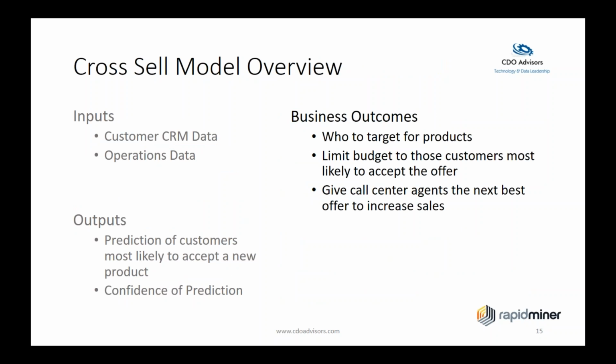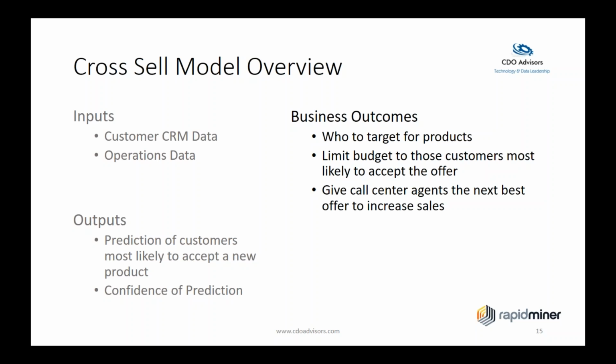Our inputs in this case would be customer CRM data and operations data, and the output is, right, we want to predict which customers are most likely to accept a new product, along with the confidence of that prediction. So from a business outcome perspective, who to target for products, we want to limit the budget to the customers that are most likely to accept an offer, right?